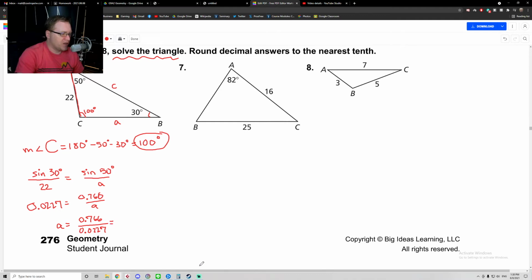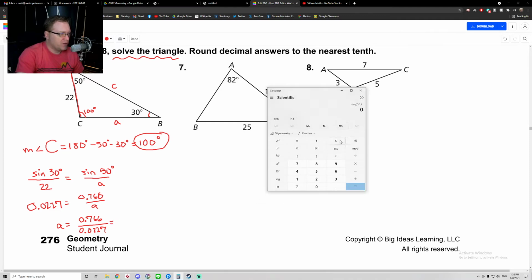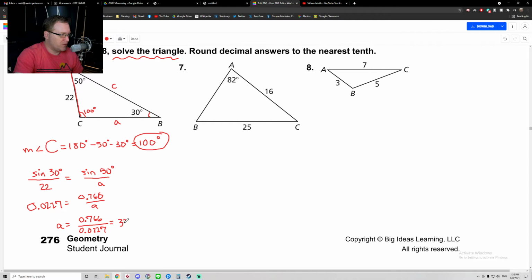I can put that into a calculator: 0.766 divided by 0.0227 equals 33.744. We just want to write our answers to the nearest tenth, so we're going to write 33.7.